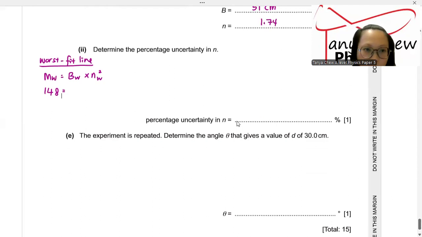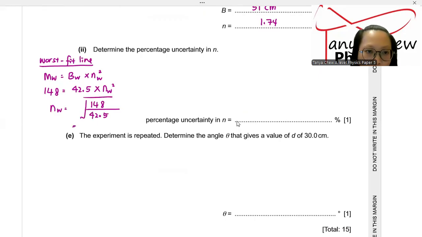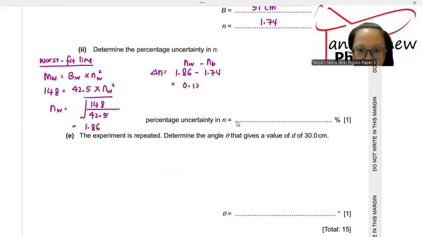So I just put 42.5 times the n worst squared, so I get n worst, which is 148 divided by 42.5, and you square root it, and I got 1.86. Now to find delta n, I take the larger n, 1.86, minus the n of best fit, 1.74, and I got 0.12.